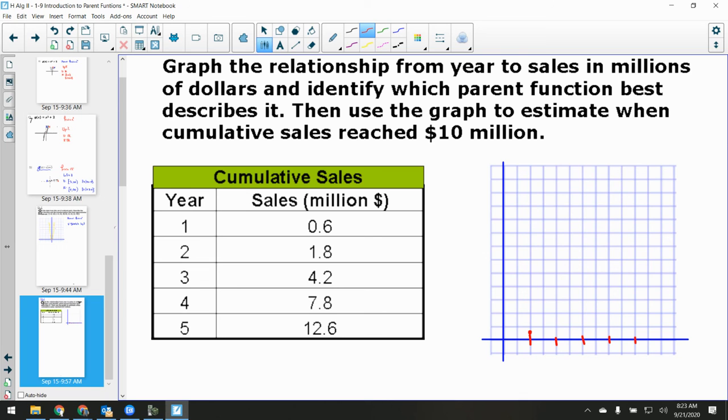Year 2, 1.8, somewhere right there. Year 3, 4.2, somewhere right there. 7.8 for year 4. And 12.6, 1, 2, 3, 4, 5, 6, 7, 8, 9, 10, 11, 12. Oh, 12.6, halfway through that box.